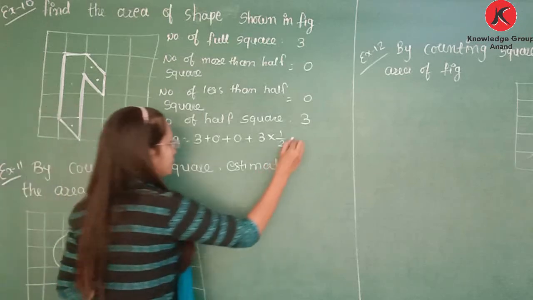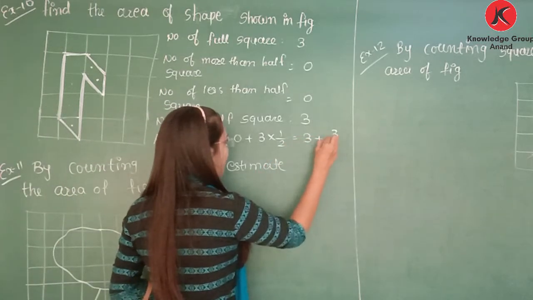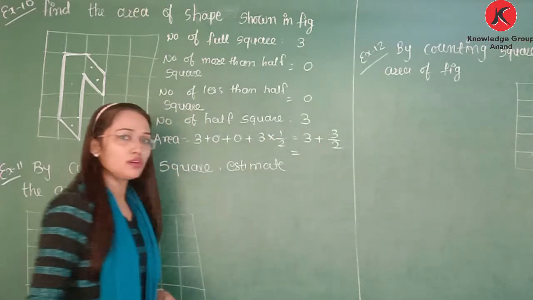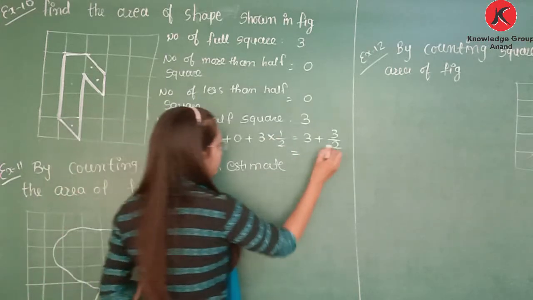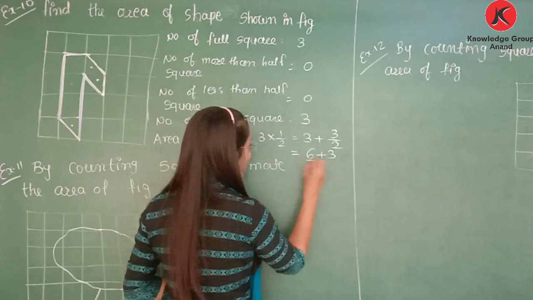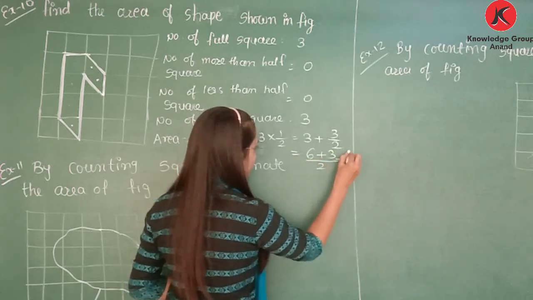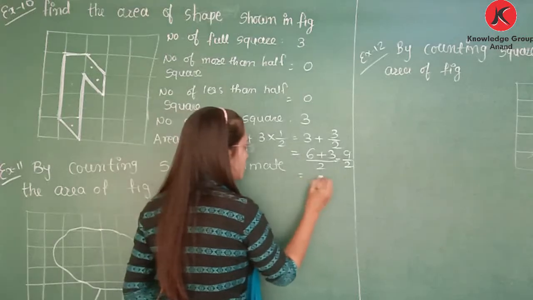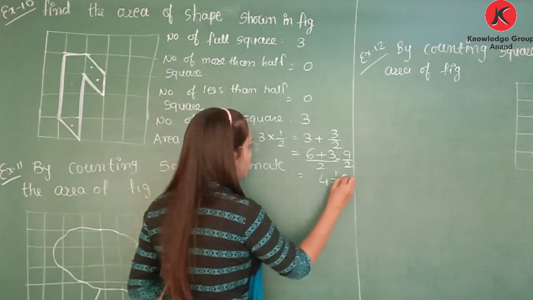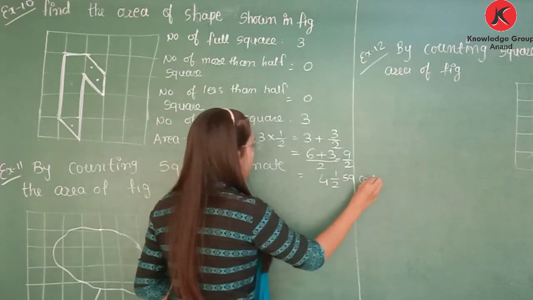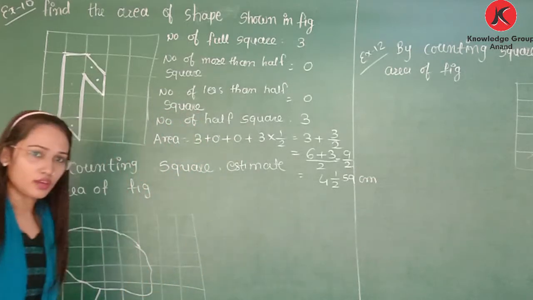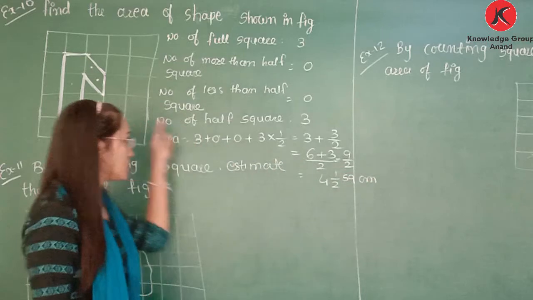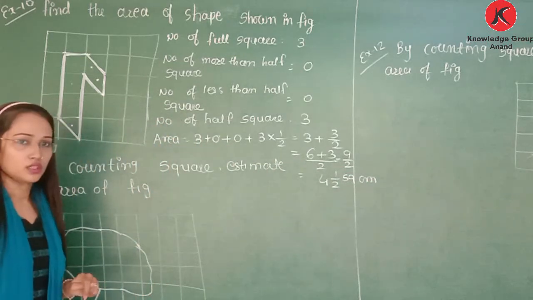So it is 3 plus 3 by 2. So 6 plus 3 by 2. So that is 9 by 2. You can convert this into mixed fraction. So it is 4 1 by 2 square centimeter. Clear? You can find 4 1 by 2 square centimeter, that is area of this object.